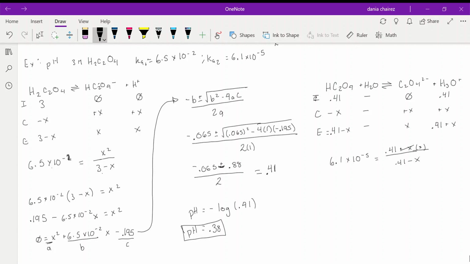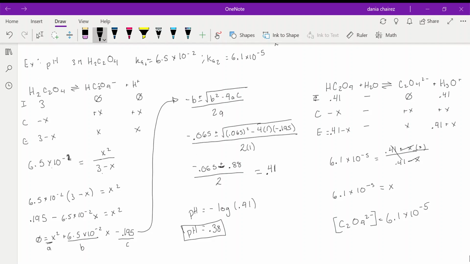We can disregard these, and then those cancel. So 6.1 times 10 to the negative 5 is equal to x, and that would be your concentration for C2O4 2 minus, which would equal 6.1 times 10 to the negative 5.